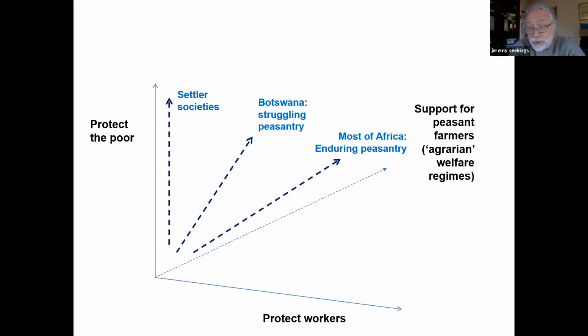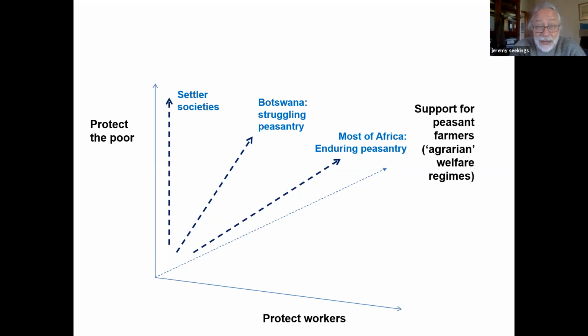Second route, which Botswana exemplifies, it's a country where the peasantry was struggling from very early on because of its inhospitable climate for farming, and with regular and protracted drought. But the peasantry has historically always struggled.